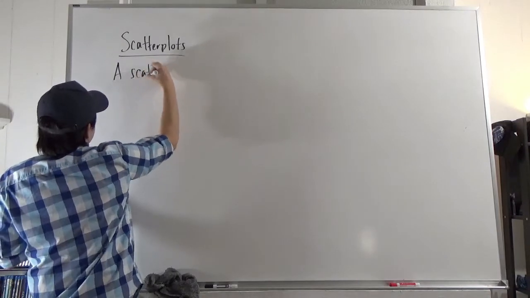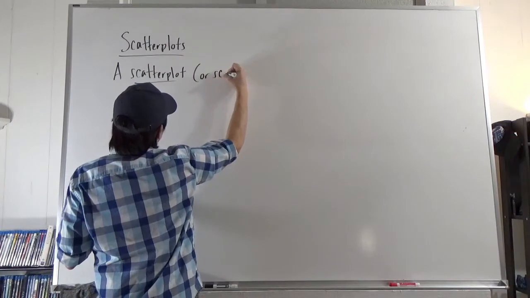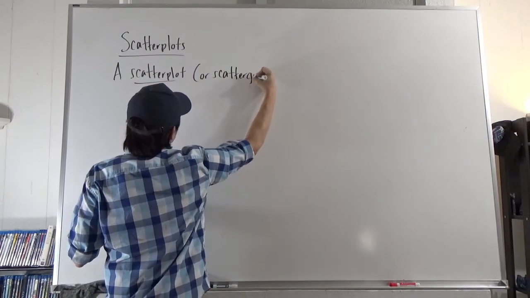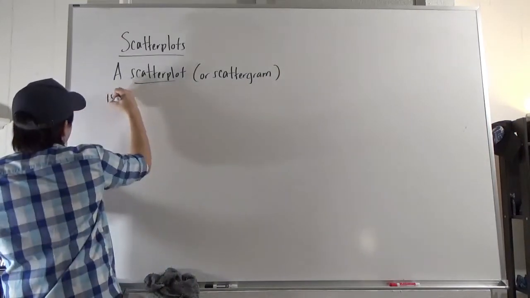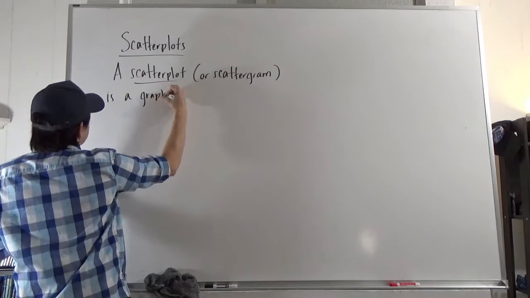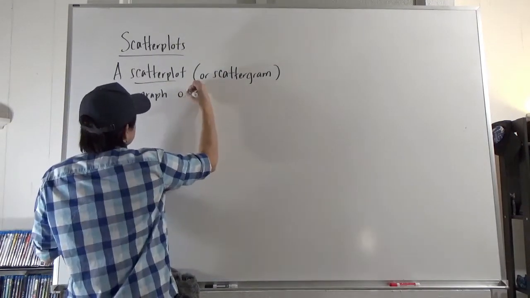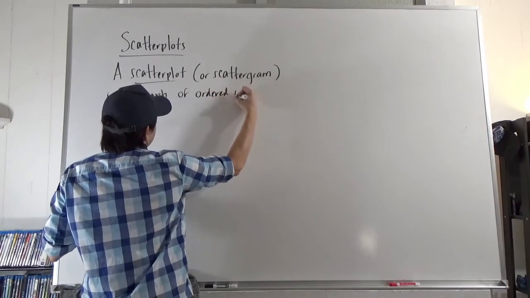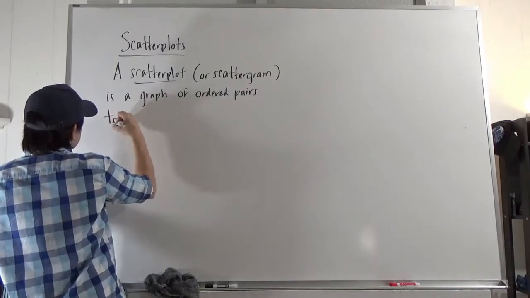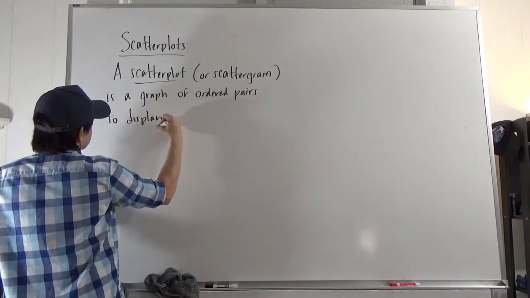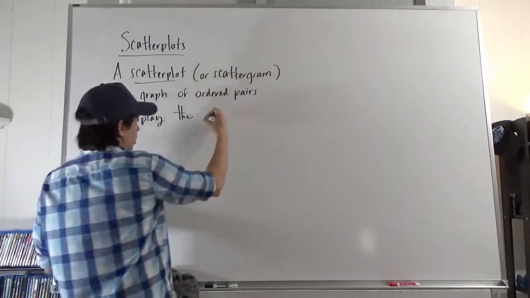A scatter plot or scattergram, I'll mention what the book uses in case you do refer to it, same thing, is a graph of ordered pairs, basically some points, to display, but here we're going to start talking about context, to display the relationship of two variables.